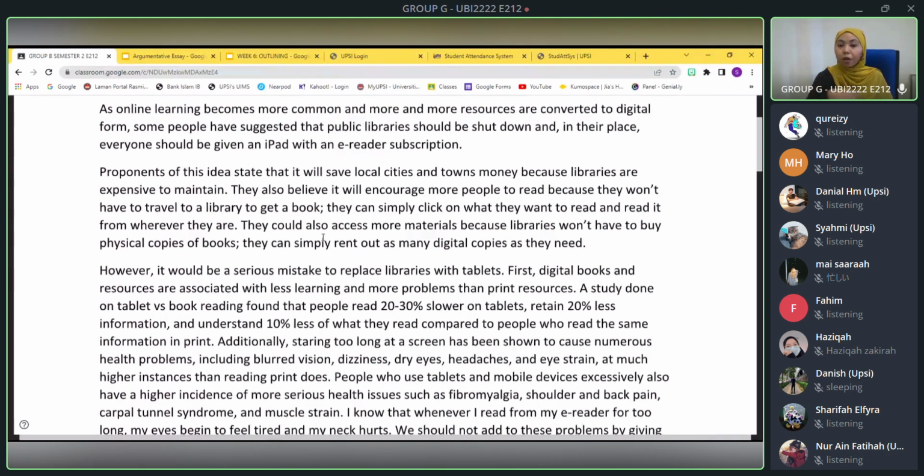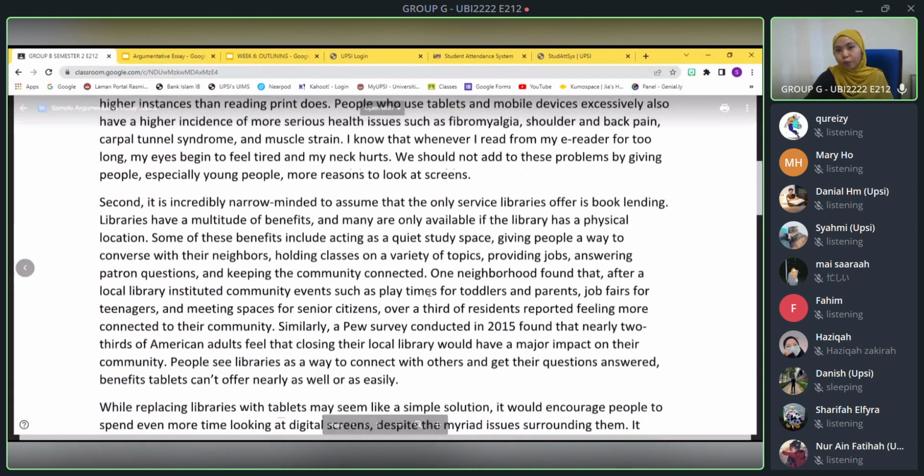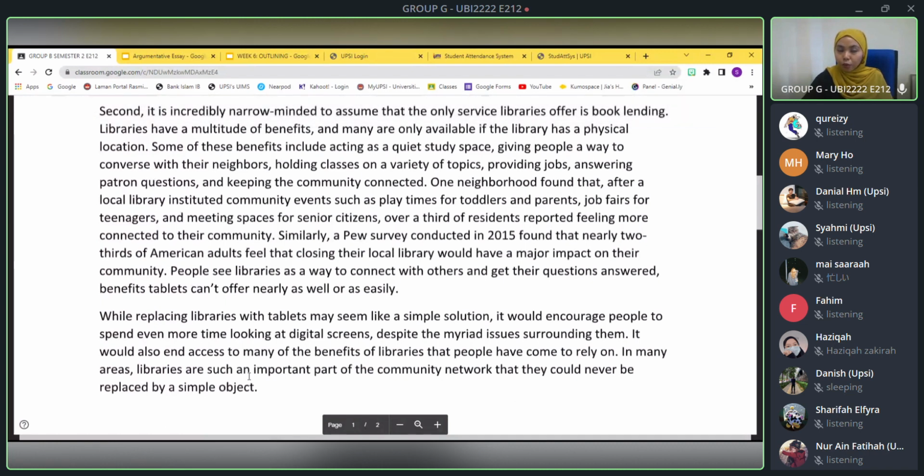I somehow agree to an extent, but I cannot wholeheartedly agree with you because of main point 1 and also main point 2. Okay, so at the end, you conclude with, I don't know, whichever you want to, a series of short questions. You want to put hope, you want to put opinion, recommendation, prediction, that is up to you.